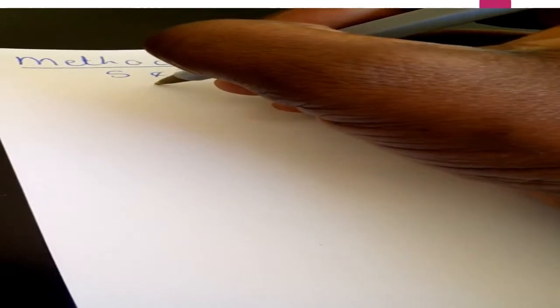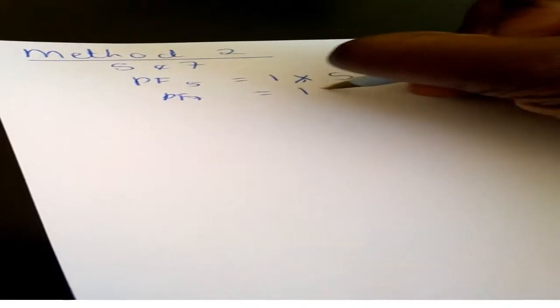The prime factors of 5, first, we all know that 5 and 7 are both prime numbers. So the prime factors of 5, it only has 2 factors, that is 1 and itself, and 7 also has 2 factors, that is 1 and itself, right?